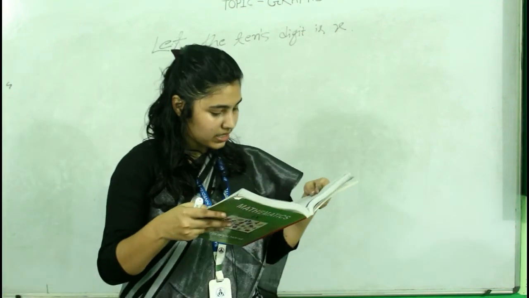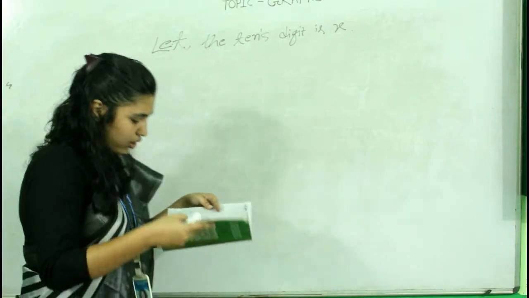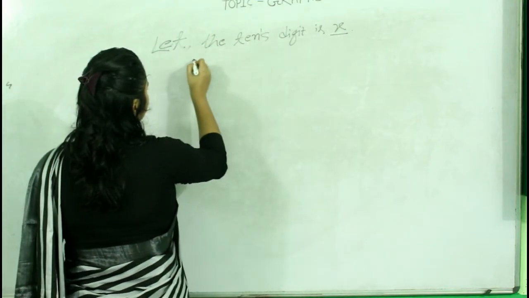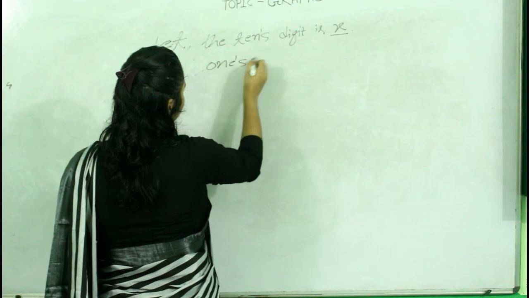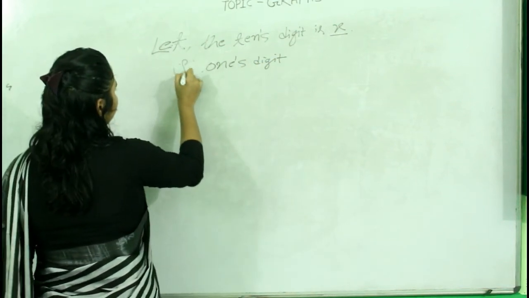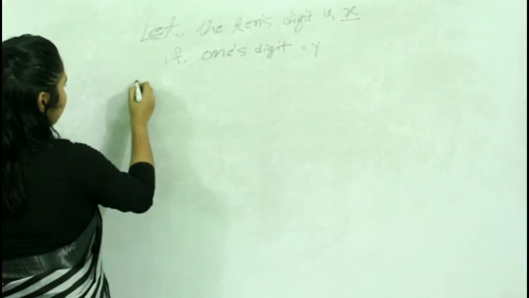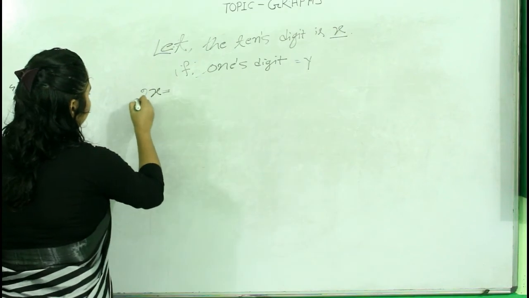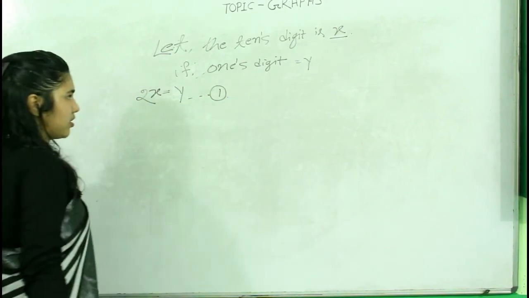Then the ones unit digit of a 2-digit number is twice its tens digit. That means if the ones digit is y, then our first equation is 2x is equal to y. This is our first equation.